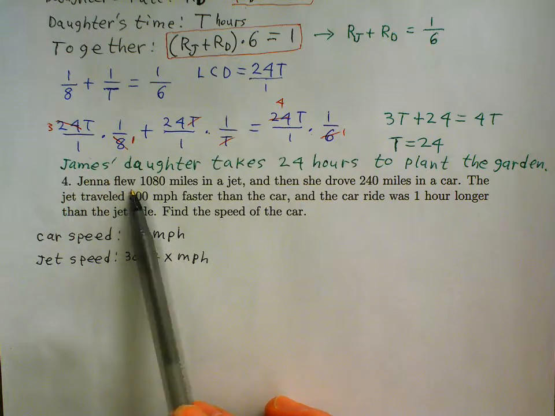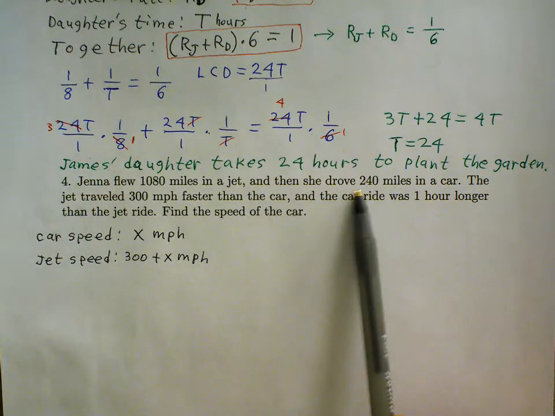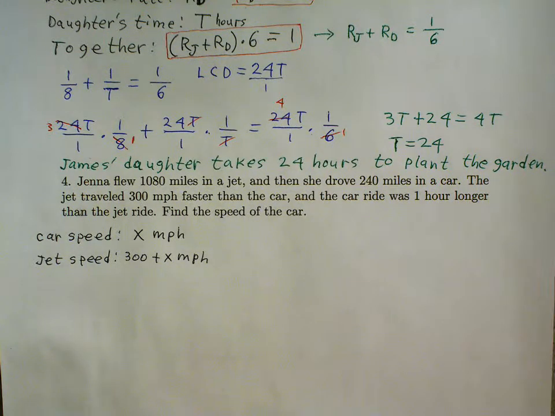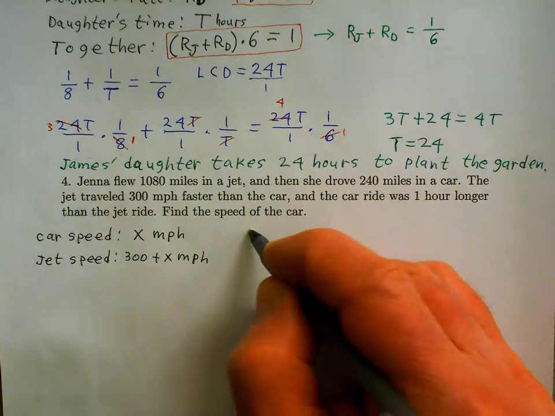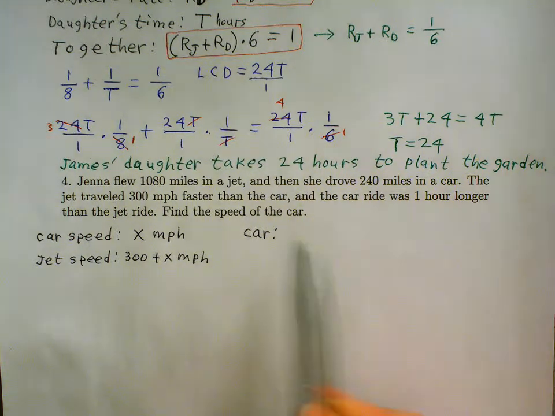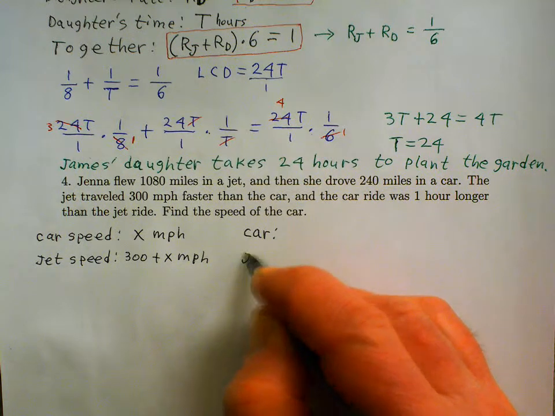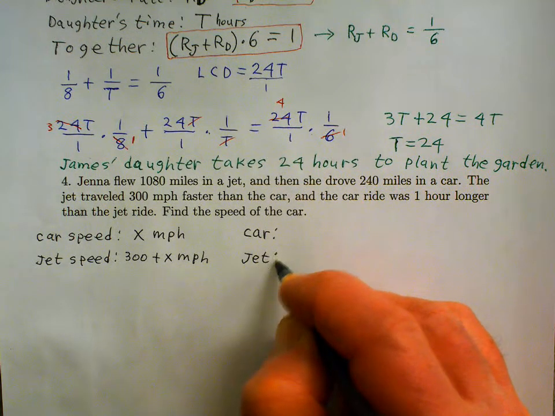In the jet, Jenna flew 1,080 miles. And when she drove a car, she traveled 240 miles. So let's write down a rate times time equals distance equation for the car, and then write down a rate times time equals distance for the jet.